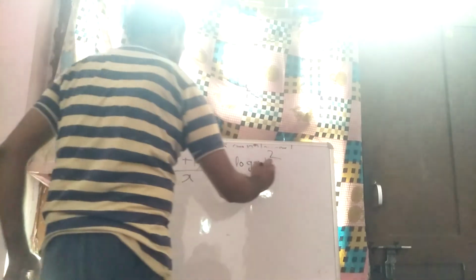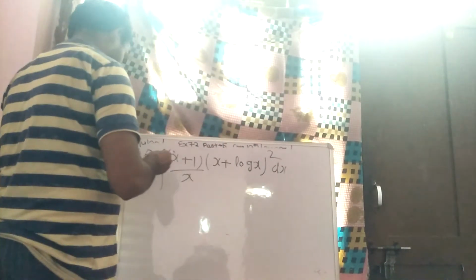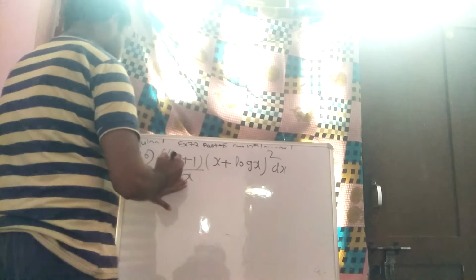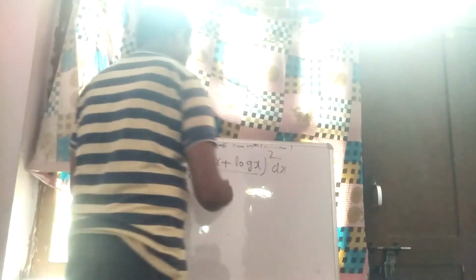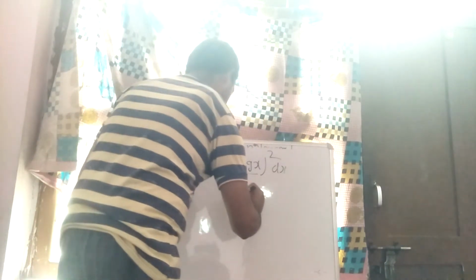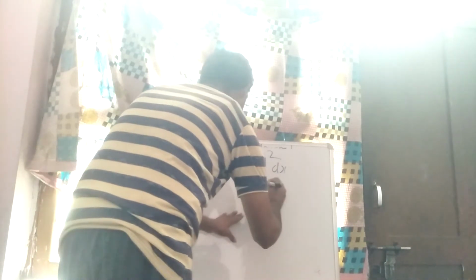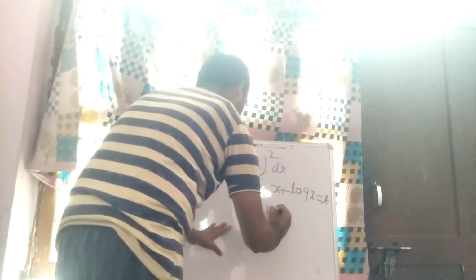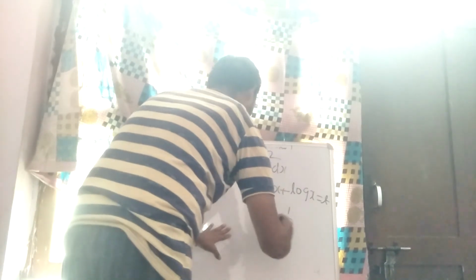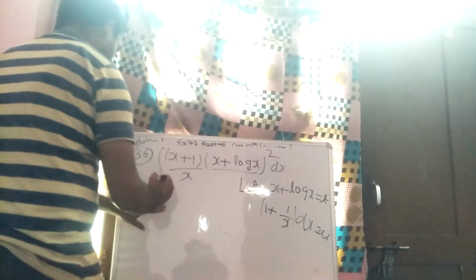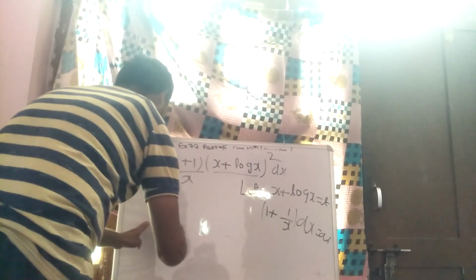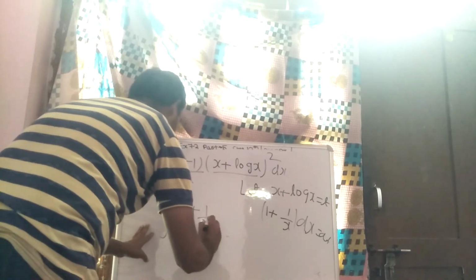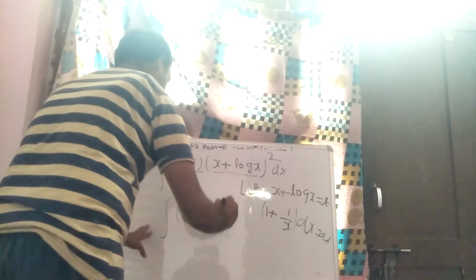Next. We write this as x plus log x. We let x plus log x equal to t. This is 1 plus 1 upon x into dx equal to dt. This is in the form of 1 plus 1 upon x into x plus log x.